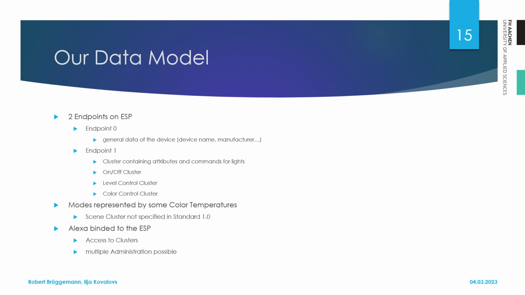We will represent the modes by color temperatures because the Matter specification 1.0 doesn't specify the scene cluster yet, and we'll bind the Alexa to the ESP, which then will control the clusters, and it's also possible to connect multiple devices to the ESP.